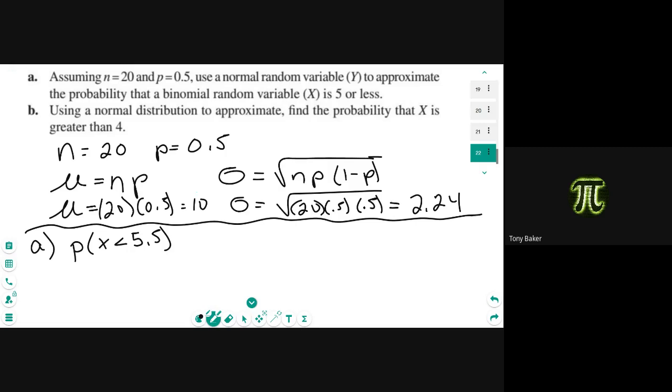So I'm going to use less than 5.5, or equal to, because it doesn't really matter, since there's not an equal to 5.5 anyway. Why am I using 5.5 and not 5? Right, because I want to include the 5.